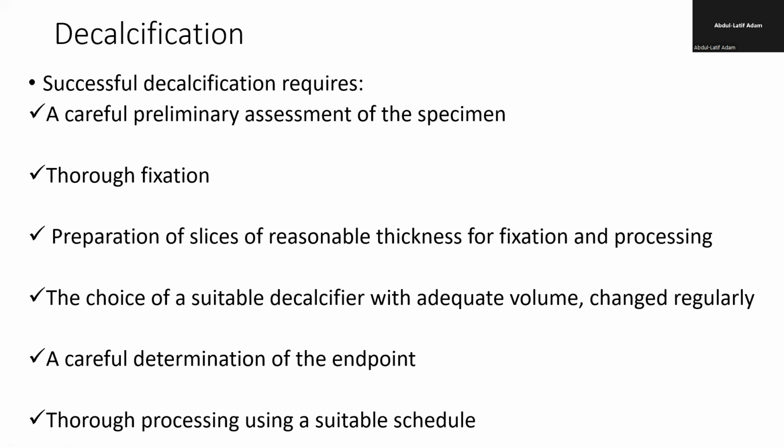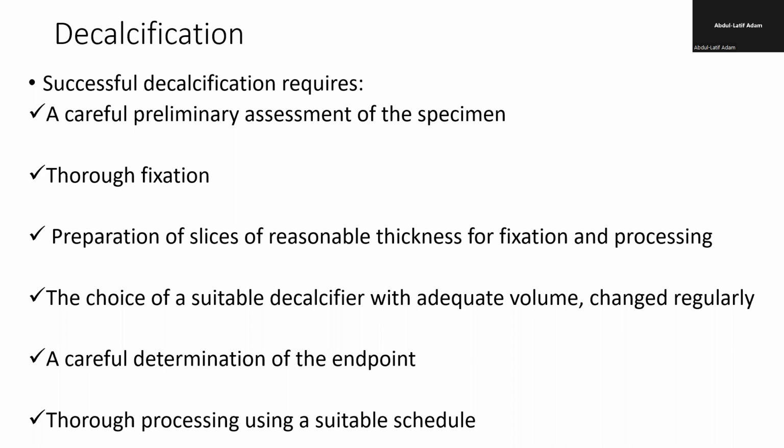So before you perform decalcification, you have to do a preliminary assessment of the tissue to see whether the tissue needs a harsh condition or has to be decalcified slowly, which influences how you are going to go about the decalcification. Okay, and as I've also mentioned, there should be complete fixation.